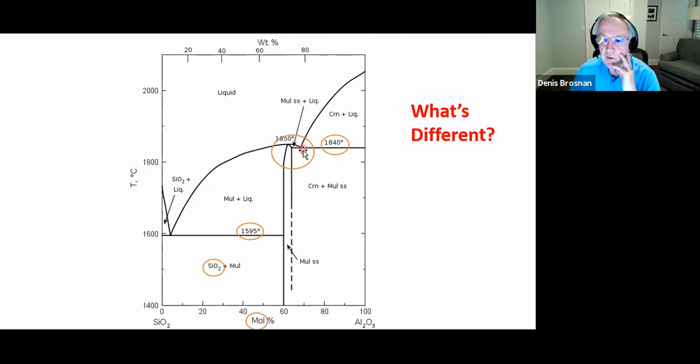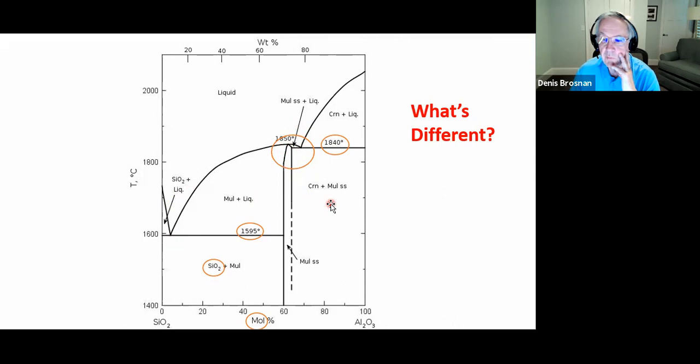We see another eutectic, recognized by this characteristic V shape. We have the eutectic here that we knew about before, but this diagram shows another eutectic and a discrete melting point for mullite in mullite solid solution.